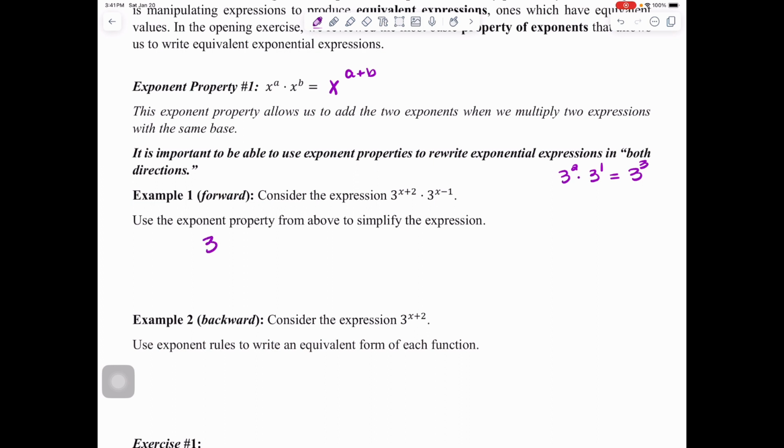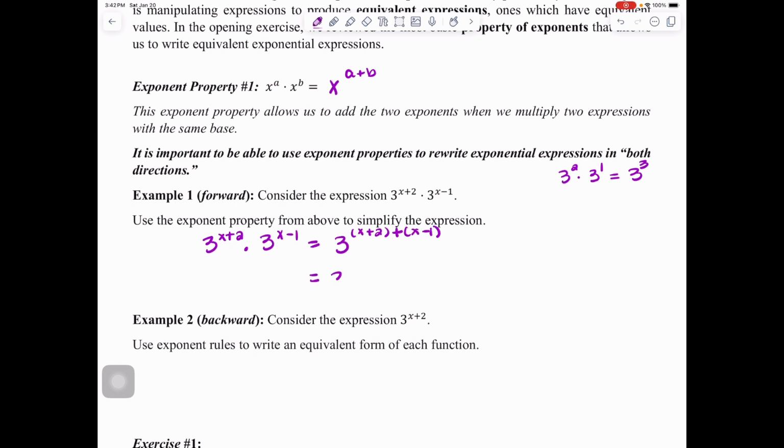So to do 3 to the x plus 2 times 3 to the x minus 1, we're still following the same rule. We're keeping the base, so the base is still a 3, but we're going to take the exponents, which here happen to be expressions, x plus 2 and x minus 1, and we're going to add them because that's still the rule. We're multiplying, so we keep the base and add the exponents.